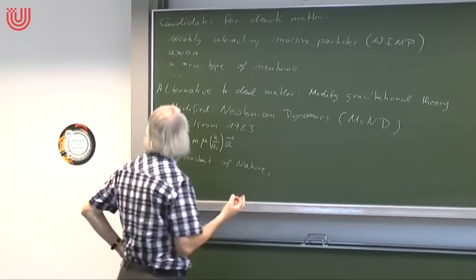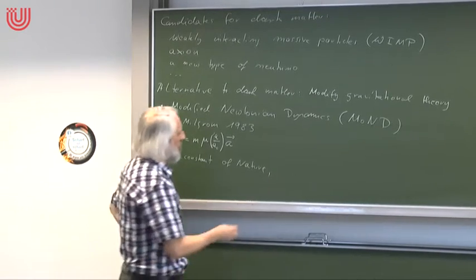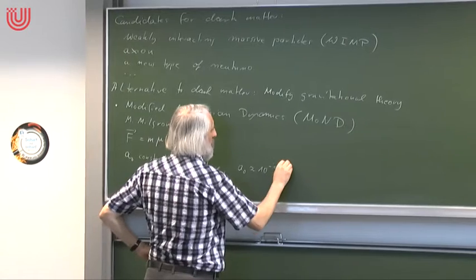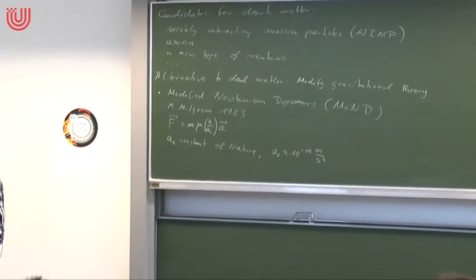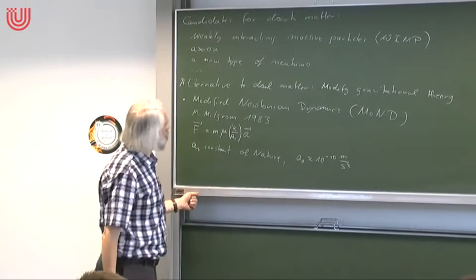And the order of magnitude which was necessary in order to explain the rotation curves of galaxies is that a naught is approximately 10 to the minus 10 meters per second squared. So it's fairly small in comparison to our everyday units.